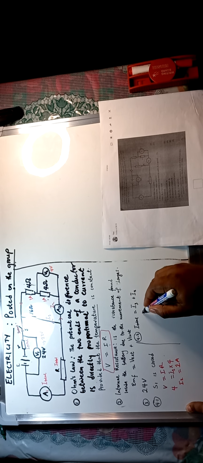How would I get the total current? I don't know I3, but I know I2 to be 1. And I don't know the I total. Now there's a problem here. You can see I have two unknowns. And when you have two unknowns, it's telling you that there's a next step which you can use to calculate.